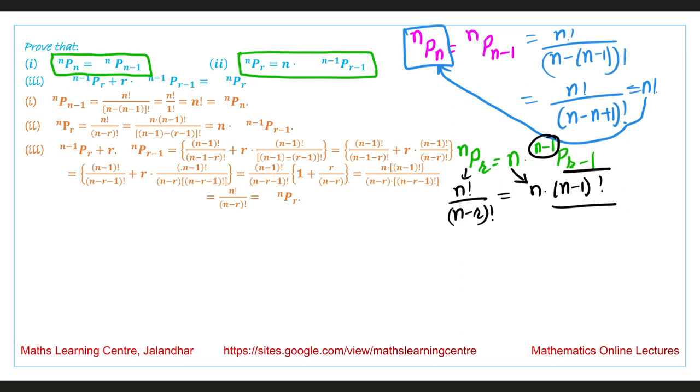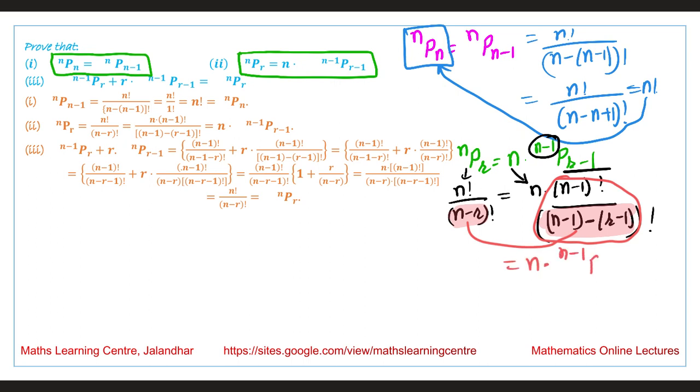So this term n minus r, we can write as (n minus 1) minus (r minus 1) factorial. Look at these two values: (n minus 1) minus (r minus 1) is n minus r. Both these values are equal. Look at this term. This term is n into (n-1)P(r-1). And this is the second result that we are proving over here.